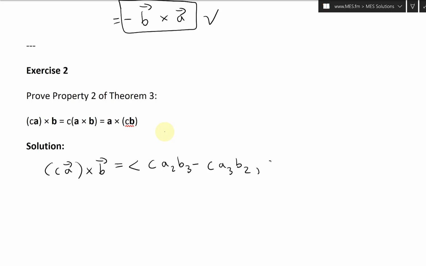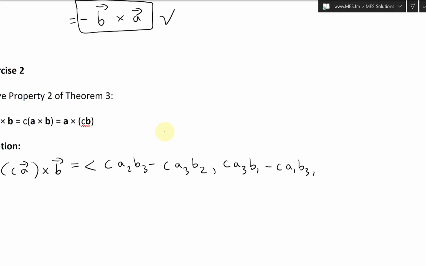The next one's going to be CA3, B1 minus A1, B3, and then the next setup is C A1, B2 minus C A2, B1. Like that.